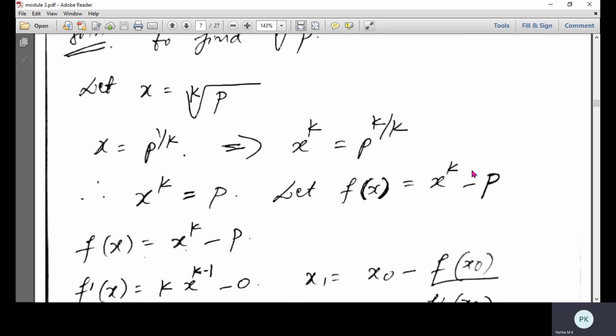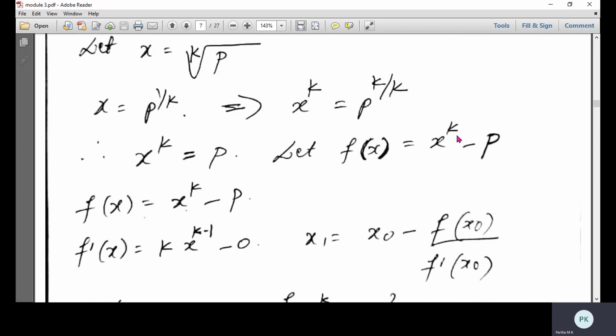So f(x) is equal to x to the power k minus p. f dash x means k into x to the power k minus 1. Differentiation of the constant p is 0.